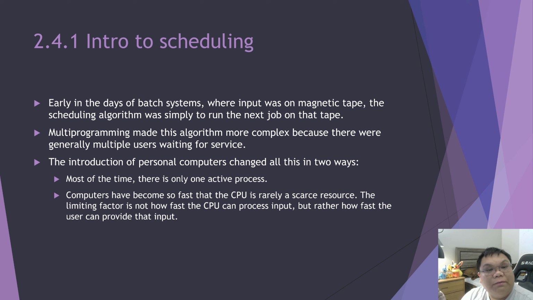Even if you ignore the fact that we have multi-core CPUs now, the limiting factor for most personal computers is not how fast the CPU can get jobs done, but how fast it even gets input from the user.